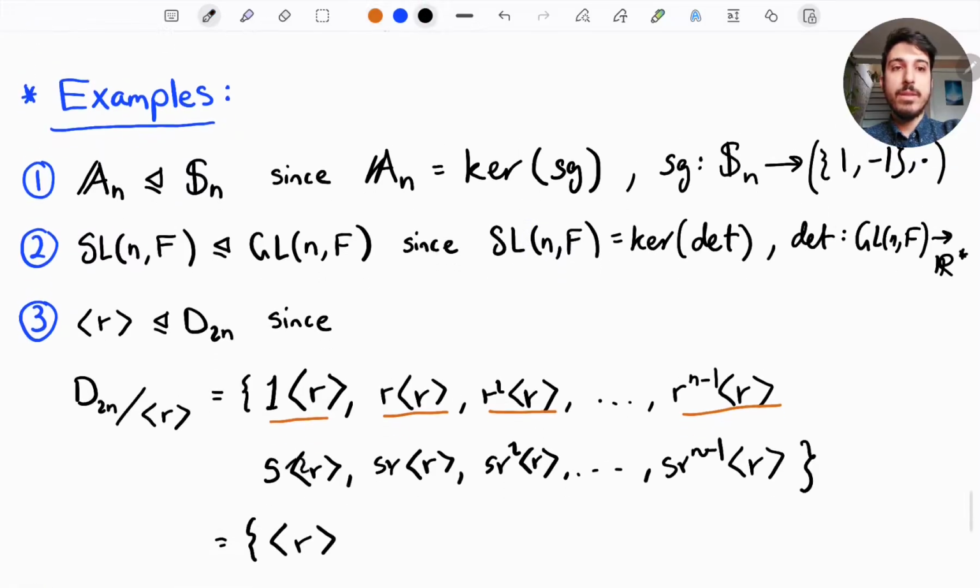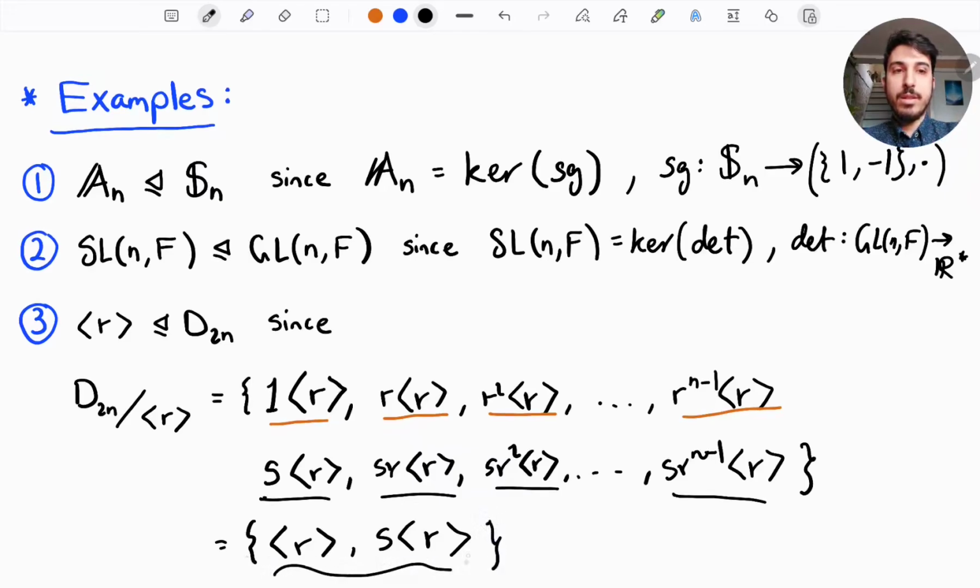And for the other ones here, note that we can just multiply the R inside, so basically the subgroup generated by R will absorb these elements inside it. So we're going to have S times the subgroup generated by R. These are the two types of cosets that we're going to have at the end of the day.